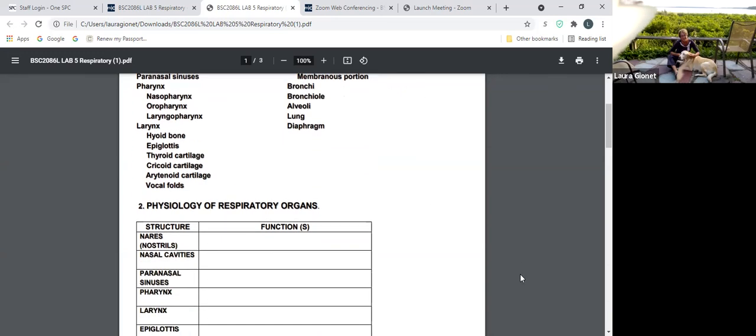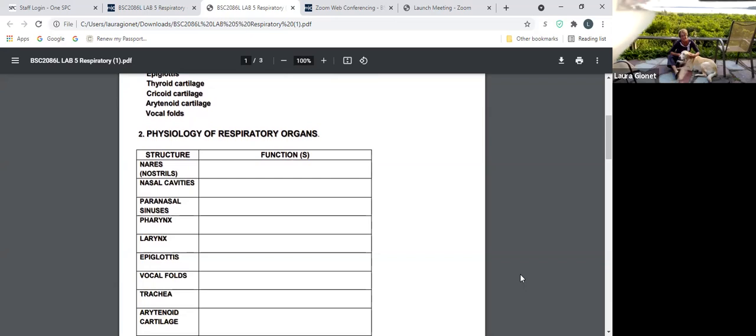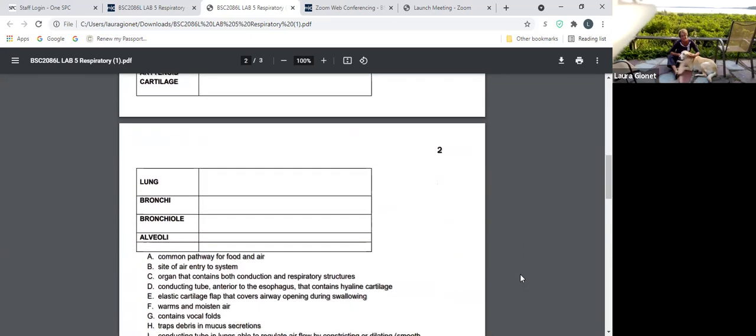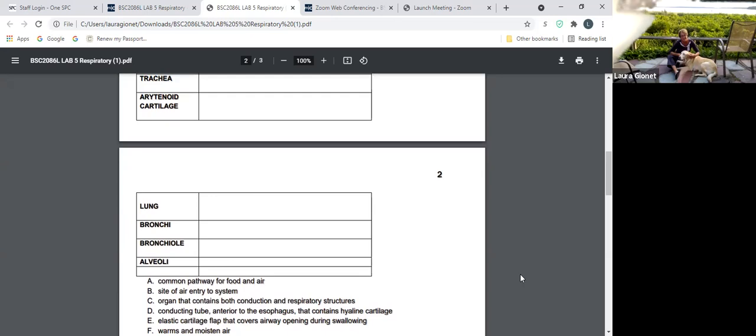All right, so let's look at some of these functions. And as usual, it's generally easier to start with the options and match them to the structures. And I will tell you in advance that some of these functions can be used for more than one structure, because the respiratory system, with the exception of the pharynx, has a lot of mucus secretions there. And therefore, if you have mucus, then you're trying to warm and moisten air, trap pathogens, and be a conducting pathway for air.